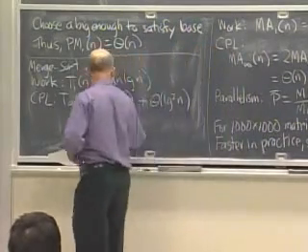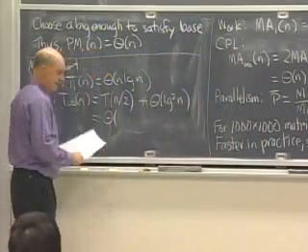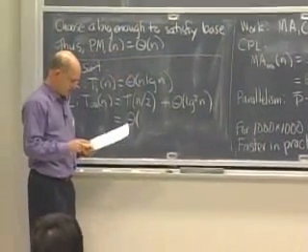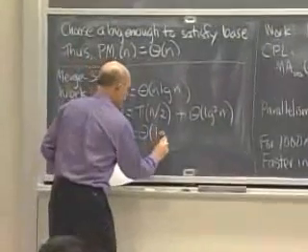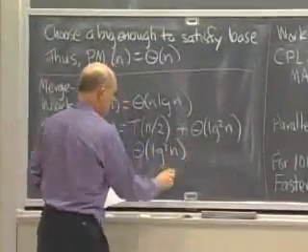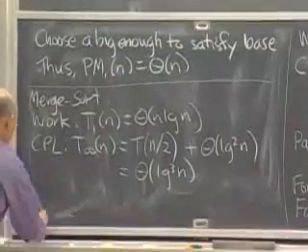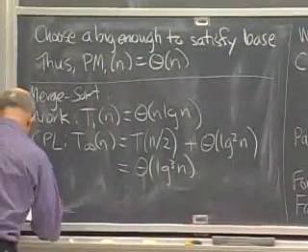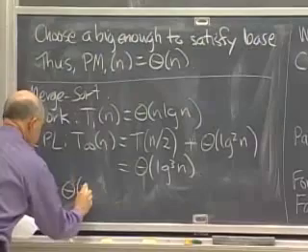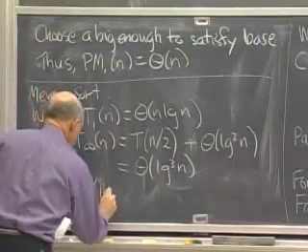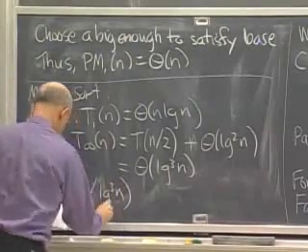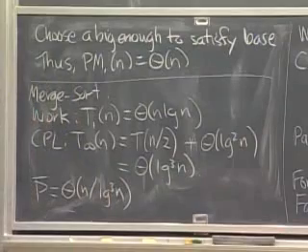And so that gives us theta of log cubed n. So our parallelism is then theta of n over log cubed n.